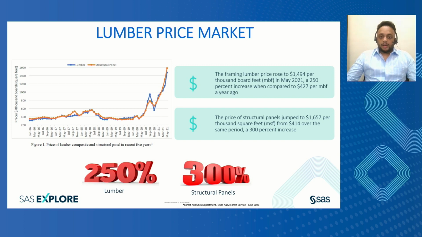So this is regarding the lumber price market. This slide will give you a glimpse of what happened in the lumber market in the COVID times, and what was the average price pre-COVID times. Lumber price actually had a 250% increase from the earlier price.